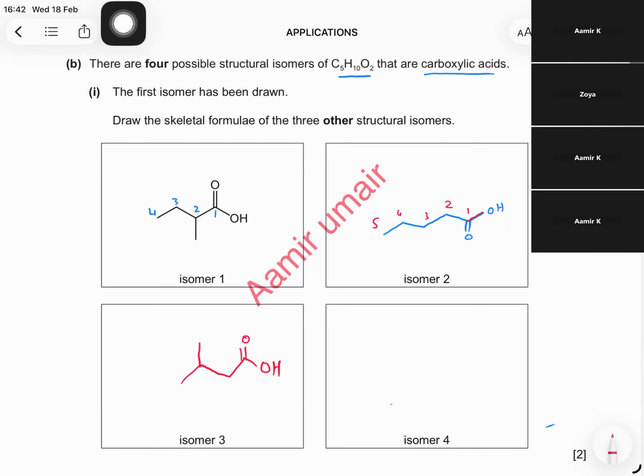And then 1, 2, 3, 4. This is not the same thing. They're not the same thing. This one is 2-methylbutanoic acid, and this one is 3-methylbutanoic acid. Do you see the difference?